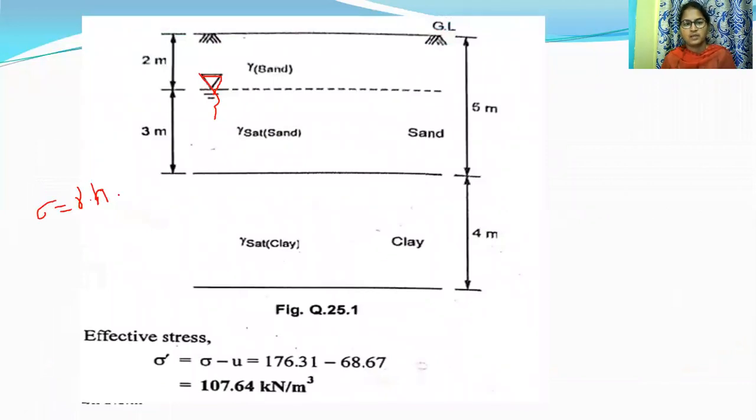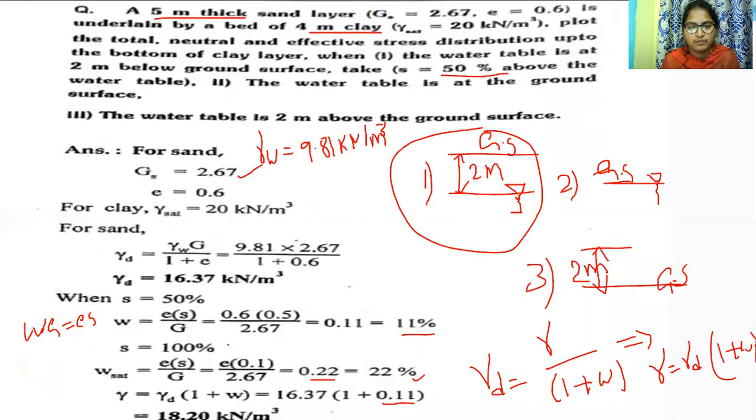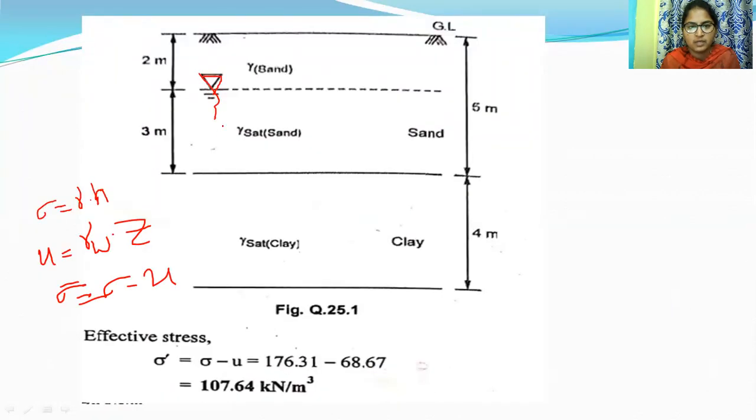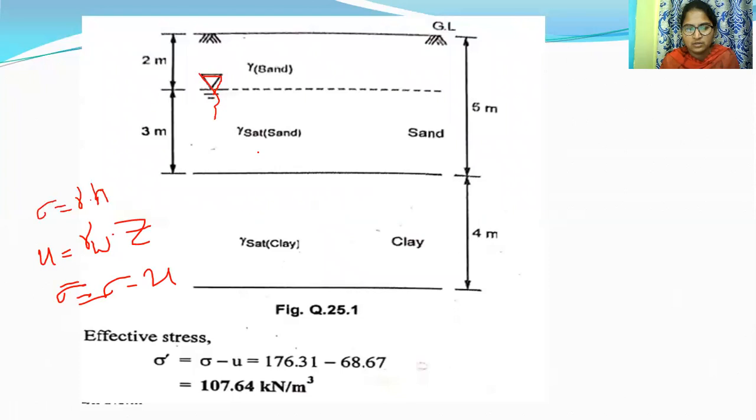So here, total stress is gamma into H for the first layer, pore water pressure is gamma W into the particular layer thickness, and effective stress sigma dash is equal to total stress minus neutral stress. Total stress is gamma into H. Gamma for sand is 18.20 and the height is 2 meters, so 18.20 into 2 plus gamma sat into the thickness.